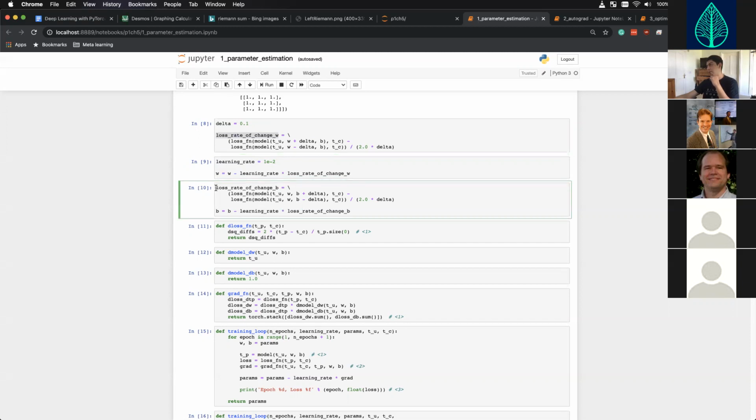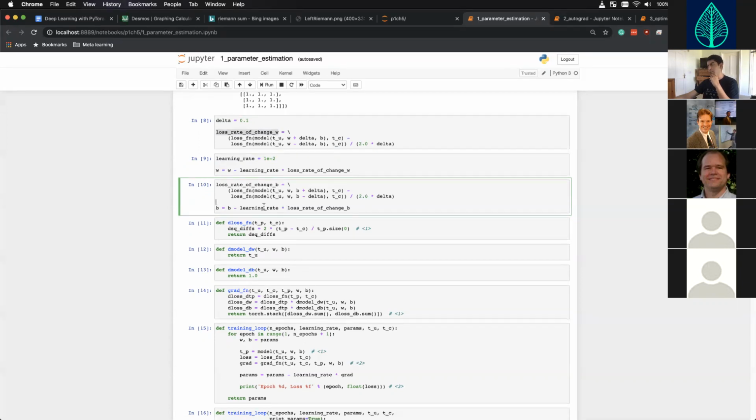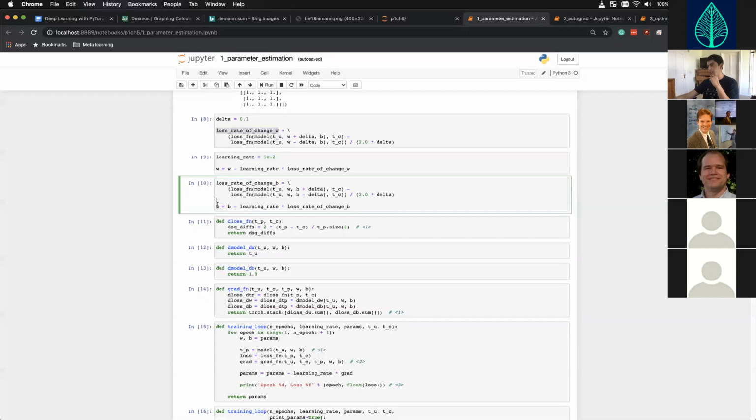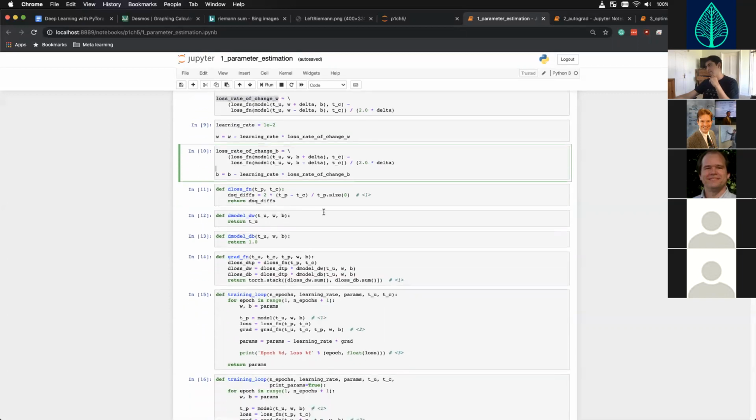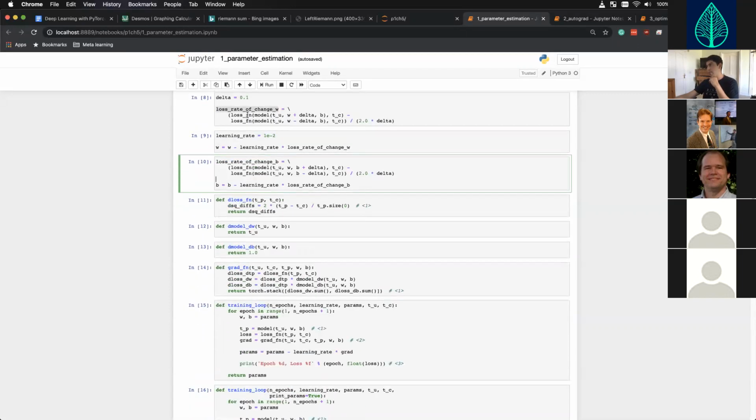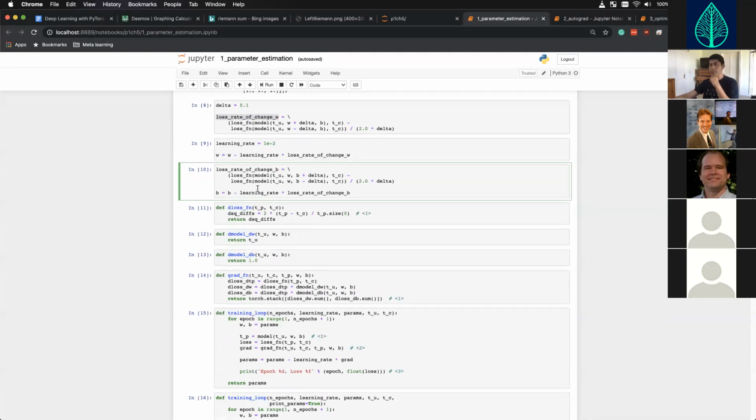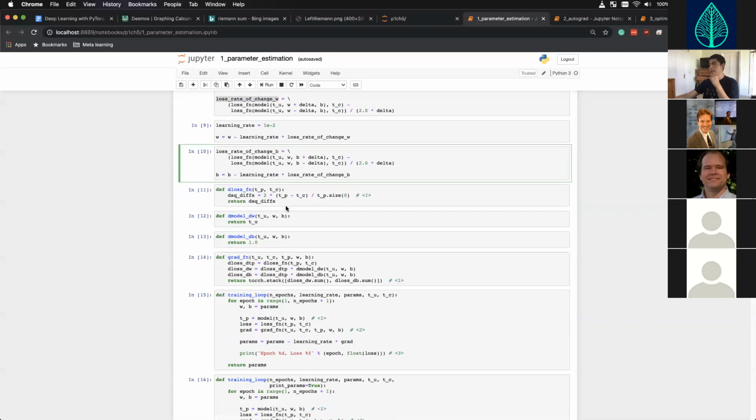They also show the rate of change with respect to the B, and then we can also update the bias. And so that's the approximation approach. We can take small steps with that, but it's not really tractable.